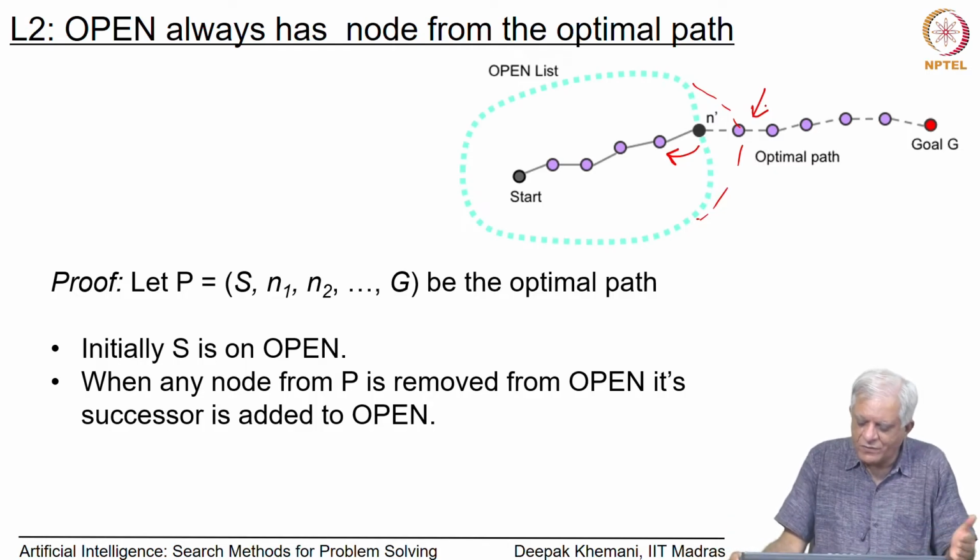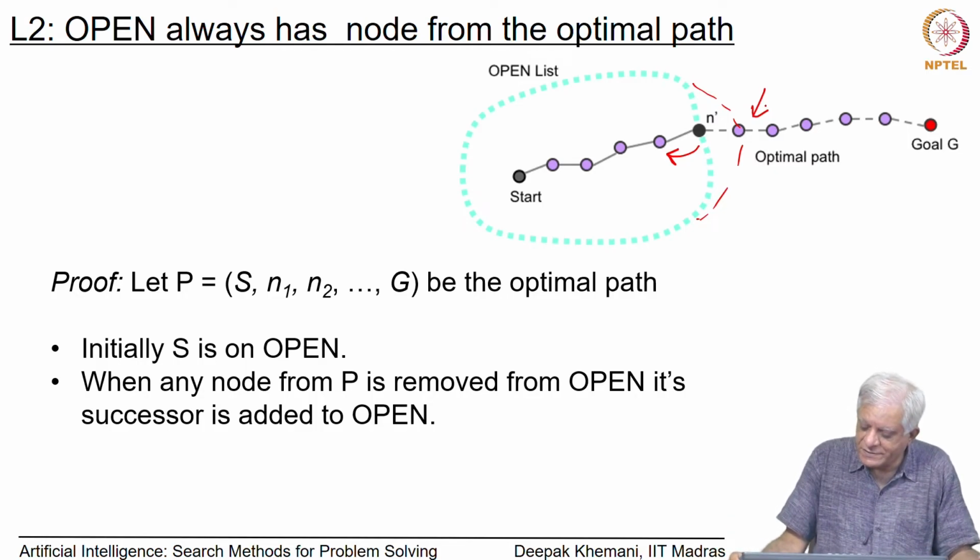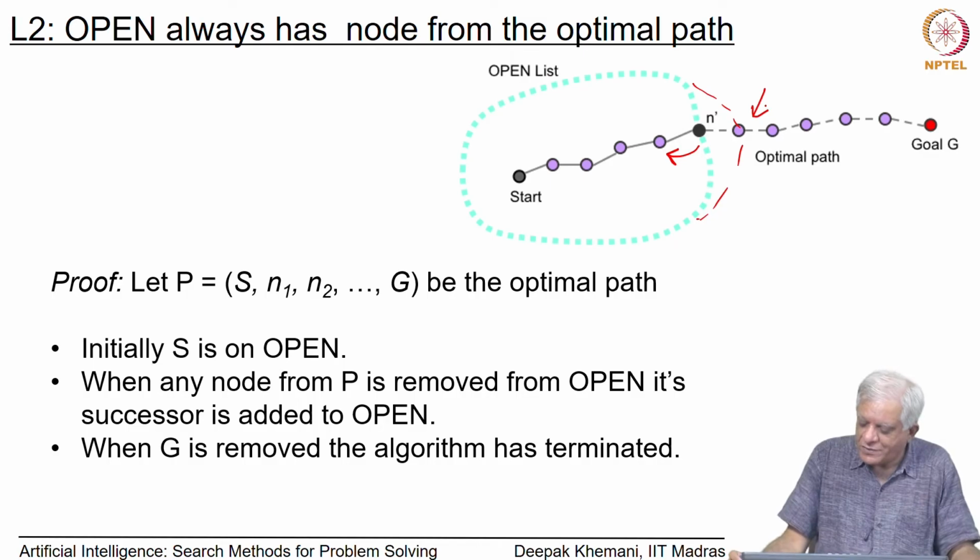So, whenever you remove a node n prime on the optimal path from open, you will add its successor to open. And finally, if we are removing G from open, it means you have terminated by finding a path to the goal.